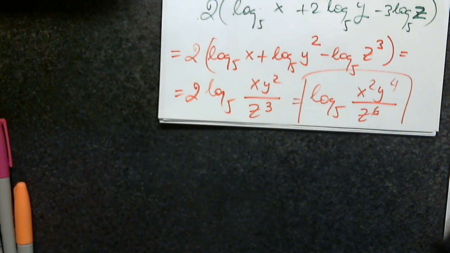Is this okay? Yeah. When you distributed the 2 first, you'd still end up with the same answer, right? Of course. But I think you would have had an extra step in there.